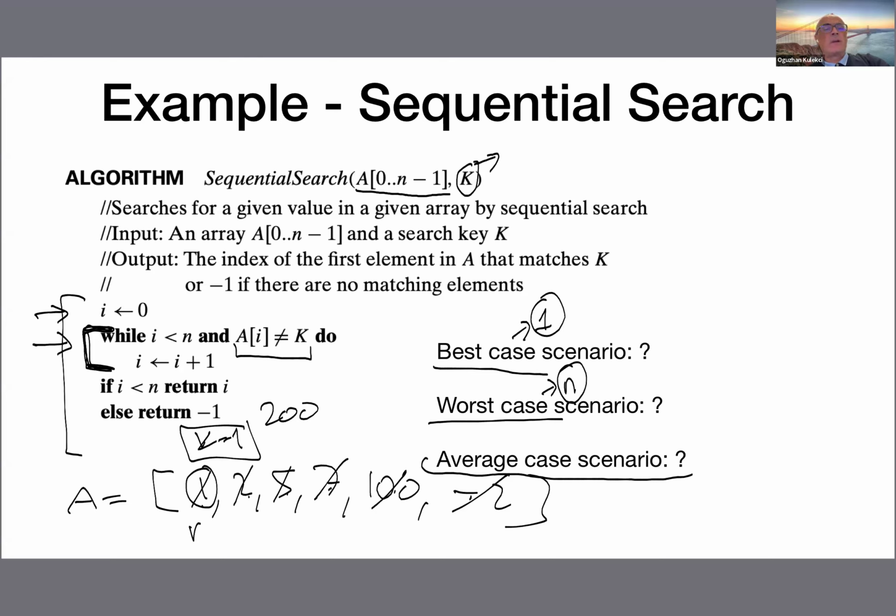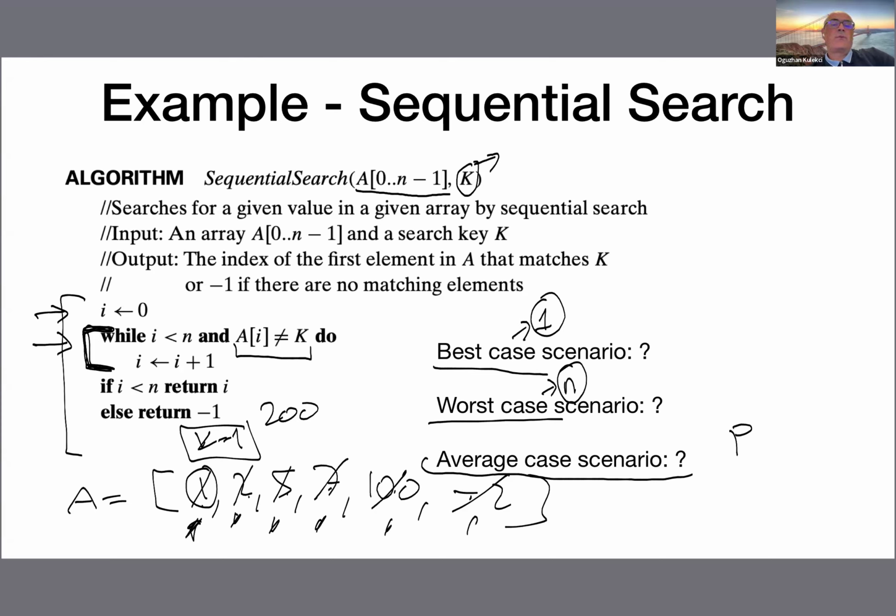Usually, if you make a more sophisticated mathematical analysis, and it's not that sophisticated, so let me tell you a little bit about it. Let's assume P represents the probability that you will find the key in the given array. And if each position has the same chance of having this key, then what will happen?